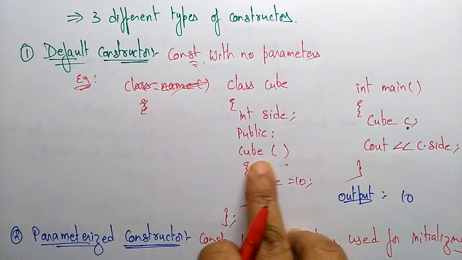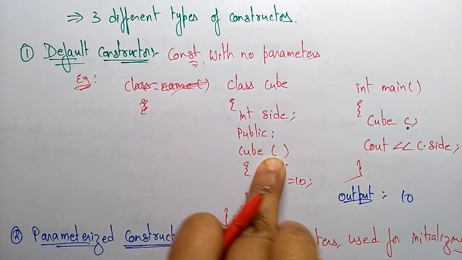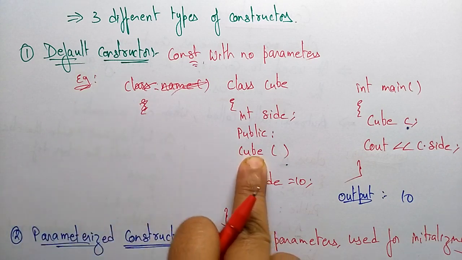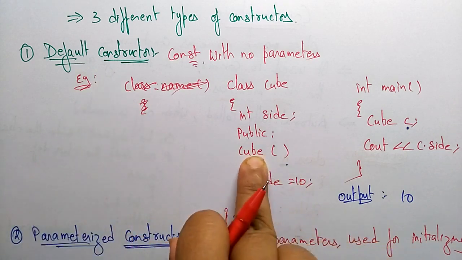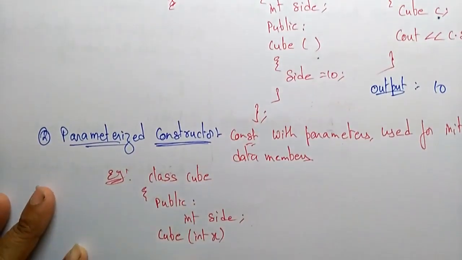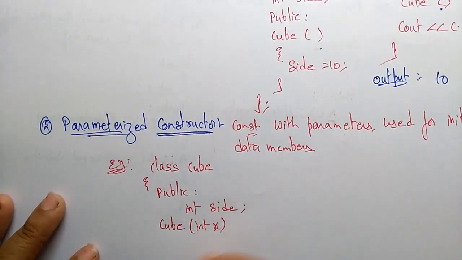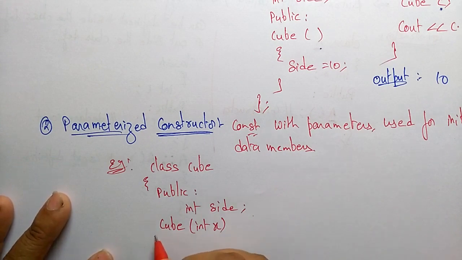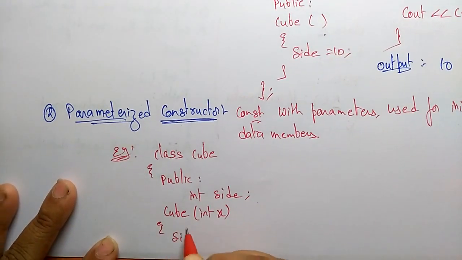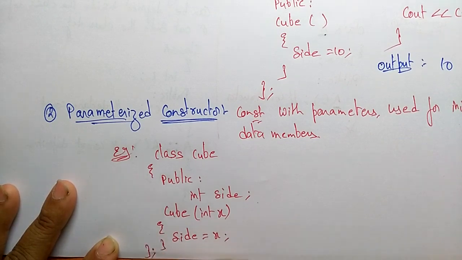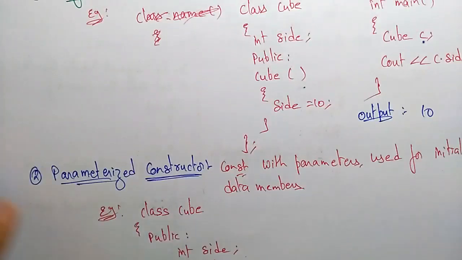In the previous example, I didn't use any parameters, so that's why it is a default constructor. A constructor with no parameters is a default constructor, and a constructor with parameters is a parameterized constructor. So int x, now side is equal to x, and close the class. Now write the main program.